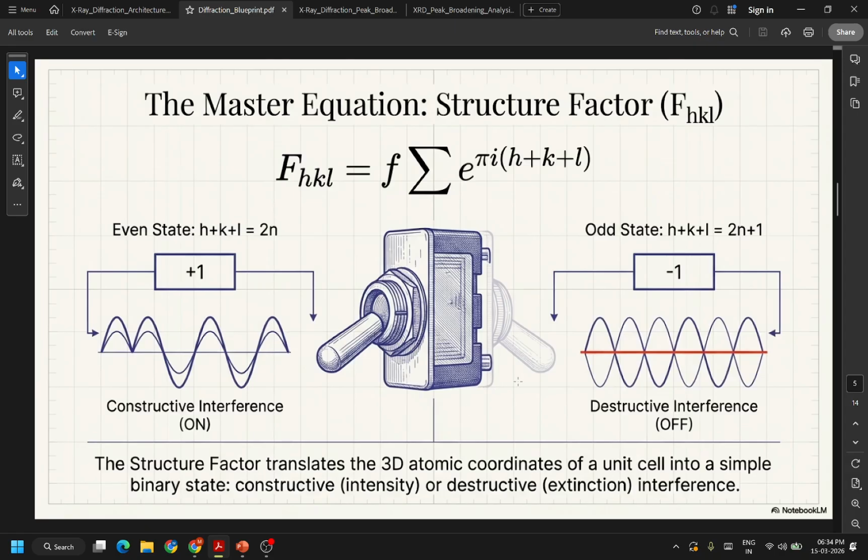So the structure factor translates the atomic coordinates of a unit cell into a simple binary state: either constructive or destructive interference.